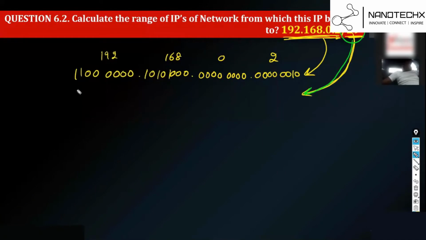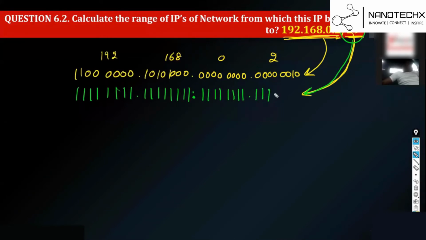So let's write it 29 times. 1, 2, 3, 4, 5, 6, 7, 8 dot 9, 10, 11, 12, 13, 14, 15, 16 dot 17, 18, 19, 20, 21, 22, 23, 24, 25, 26, 27, 28, 29. So all 29 times 1. And then the remaining 2 should be 0, 0, right?